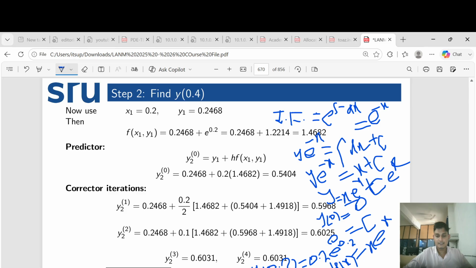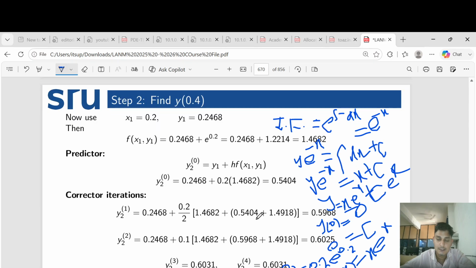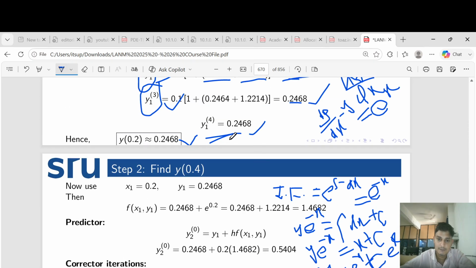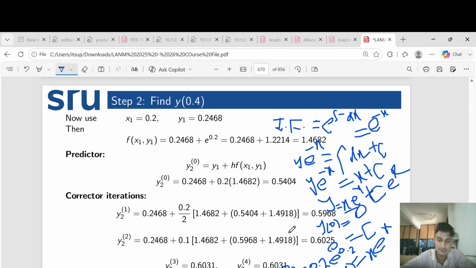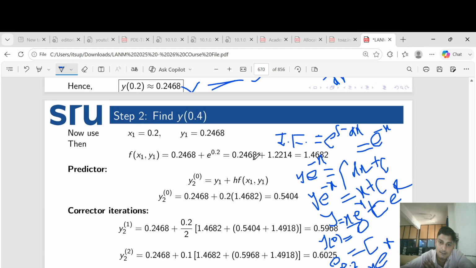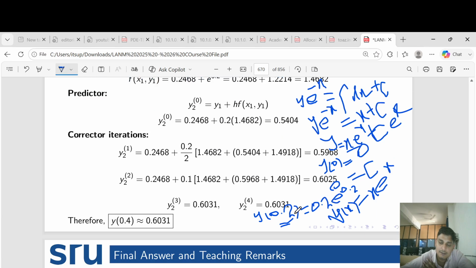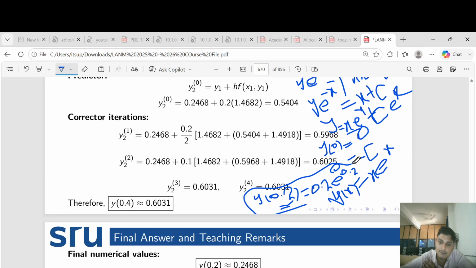You evaluate this quantity by calculator, and declare that this is the exact value of y at 0.2. So you can check whether your value is correct or not. If this is 0.2468 and you obtain 0.58, then this is okay. If there is much more difference, then your value is wrong. In numerical values some error is found, but in the exact solution of the differential equation, you cannot find any error. This is the exact value.